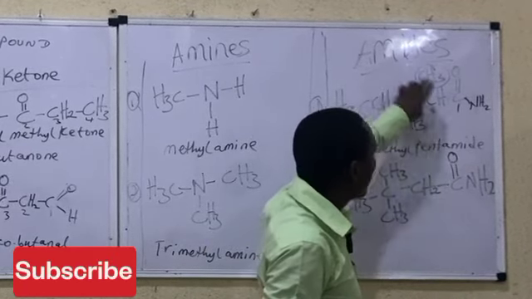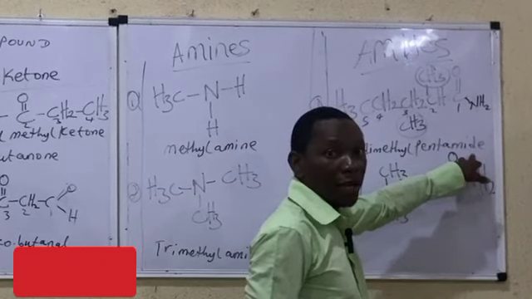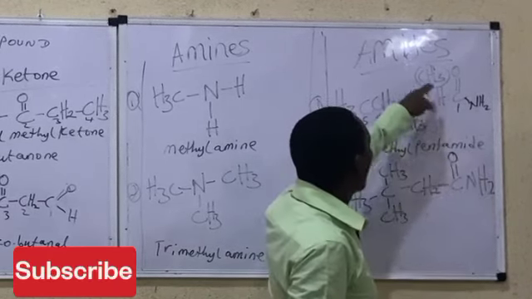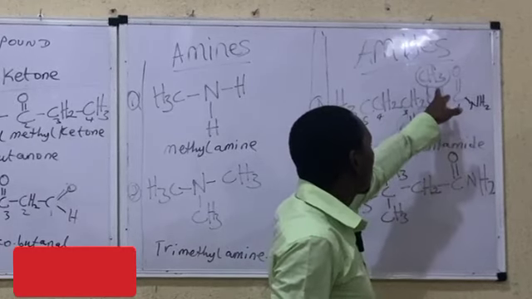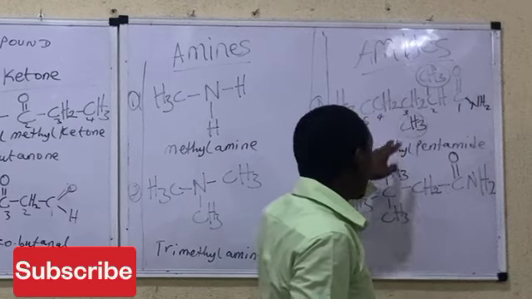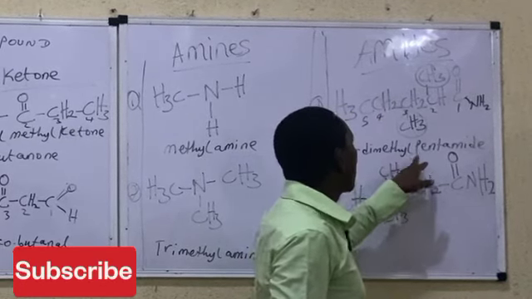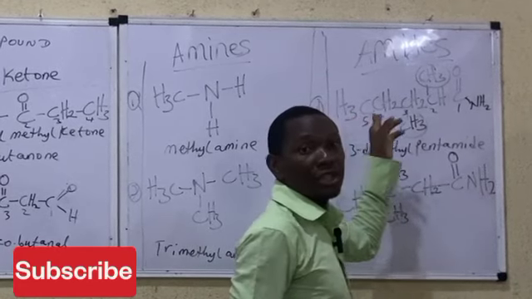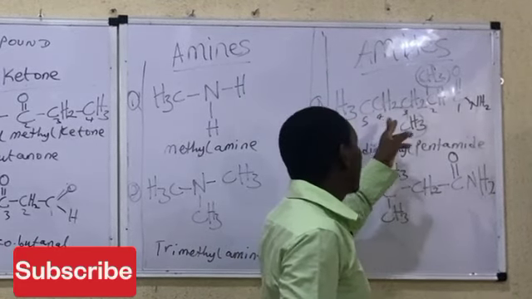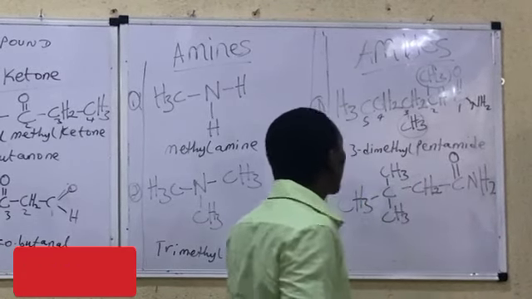We have the amide as the functional group, so we count from there. We have a methyl group at carbon 2 and a methyl group at carbon 3. So we have 2,3-dimethyl. The whole length, the parent chain is 5, which is pentane, pentamide. All right. So please just take note of that.